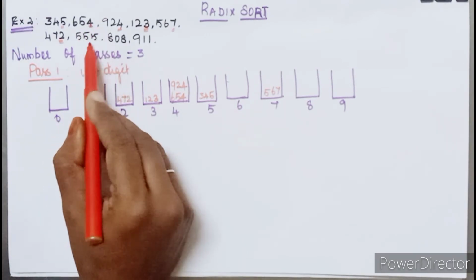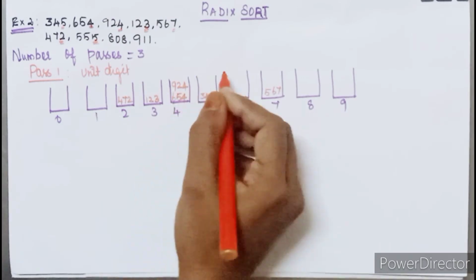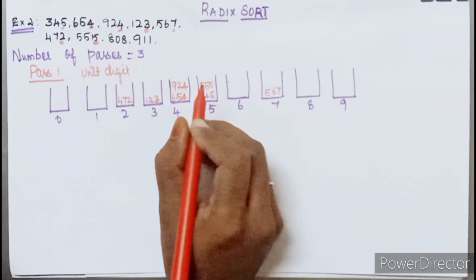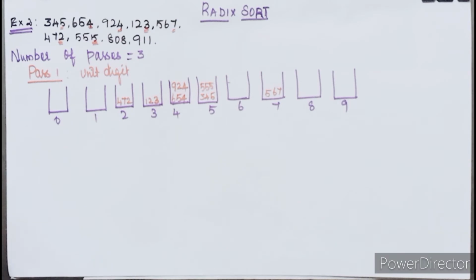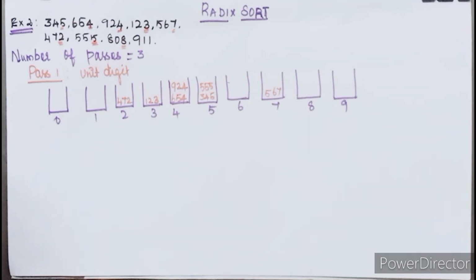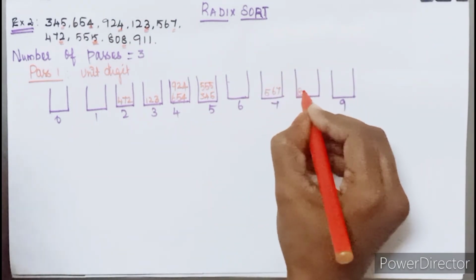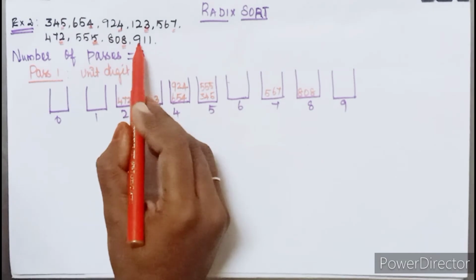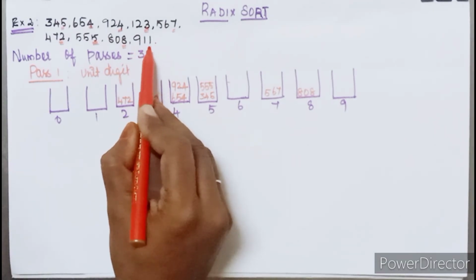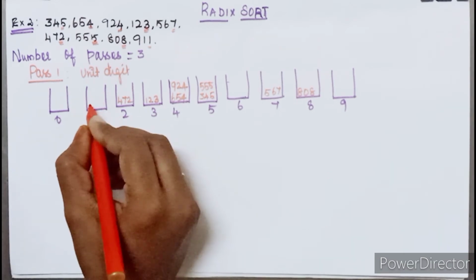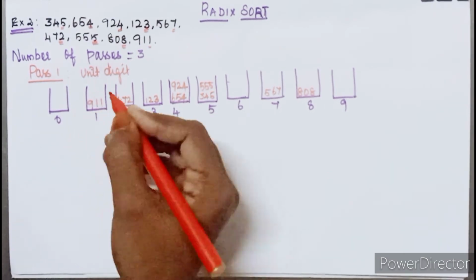The next number's unit value is 5, so it moves to bucket 5. Next, 808, the unit place has 8, so we place it in bucket 8. Next one is 911. The unit digit value is 1. Where should it be placed? It should be placed in bucket 1.